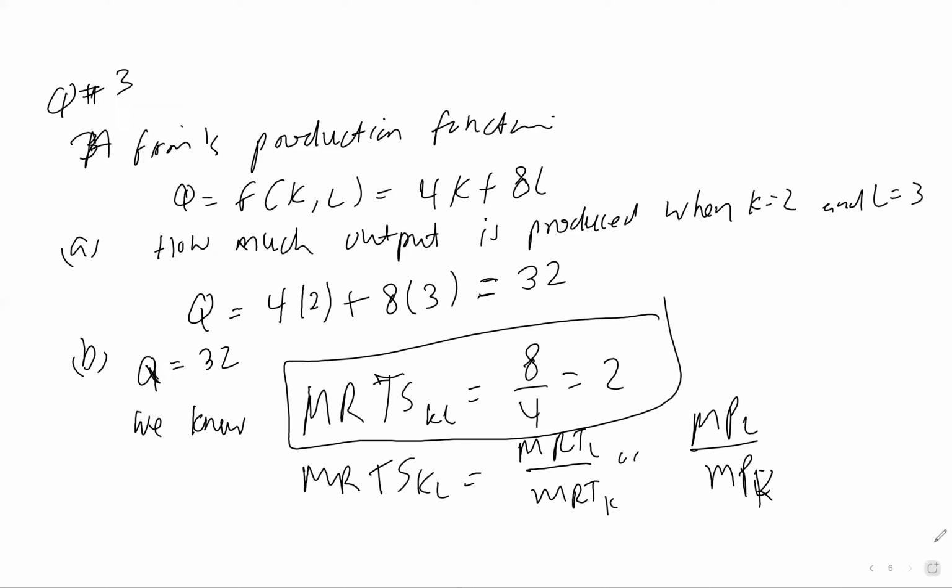By looking at the production function that is given, we have 4K plus 8L, sorry, that's 4K plus 8L. Then we say the marginal rate of technical substitution for K and L is equal to the marginal product of labor over the marginal product of capital. So we need to take the derivative of this Q first with respect to K, then with respect to L.